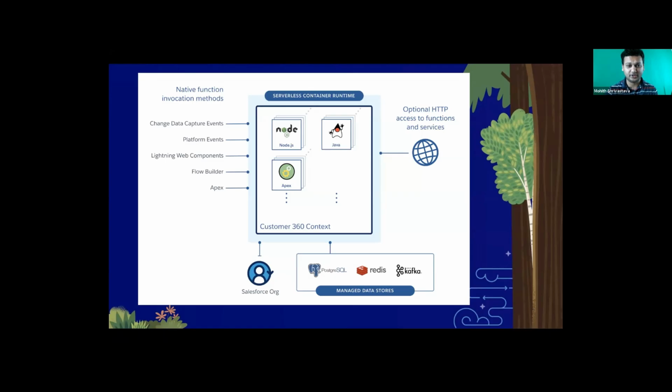They might be declarative, they might be programmatic, right? For example, Apex: you should be able to use an Apex class and call that function that you have built. And for non-programmers or low coders, you should be able to use things like Flow Builder to do it. And similarly, you should be able to use things like platform events to actually invoke these functions.